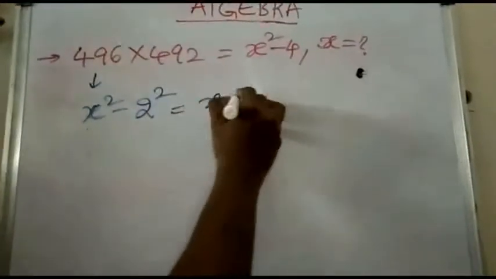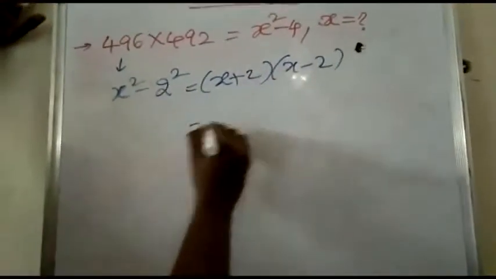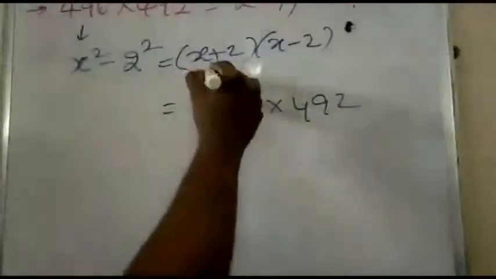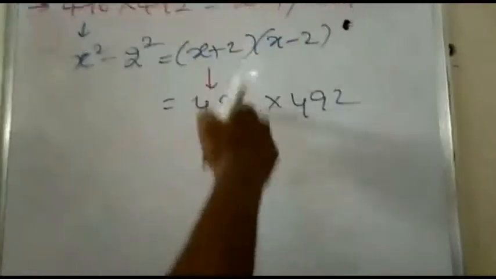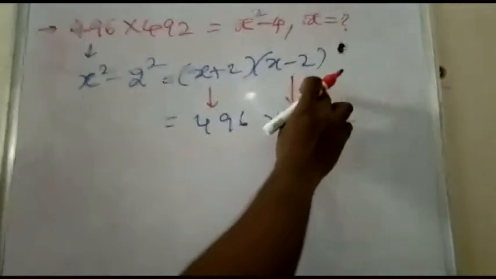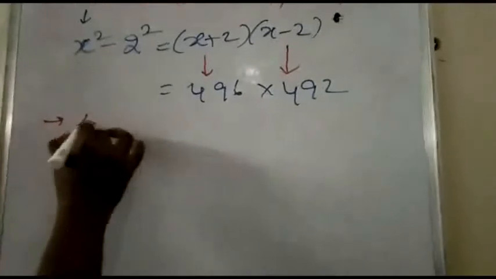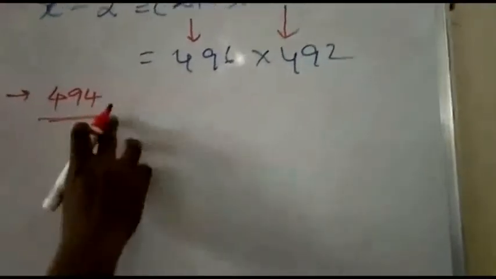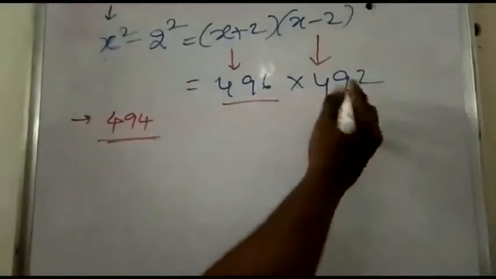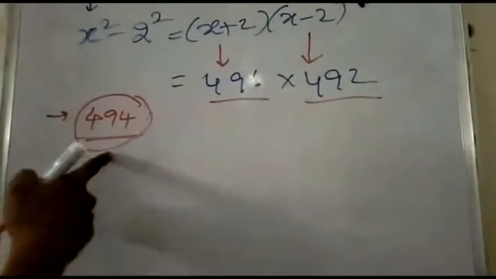That means (x plus 2) into (x minus 2) is 496 into 492. If we add 2 to x, it should be 496. If we subtract 2, it should be 492. There is an option 494. If we add 2 to this number, 496 will come. If we subtract 2, 492 will come. So the answer is 494.